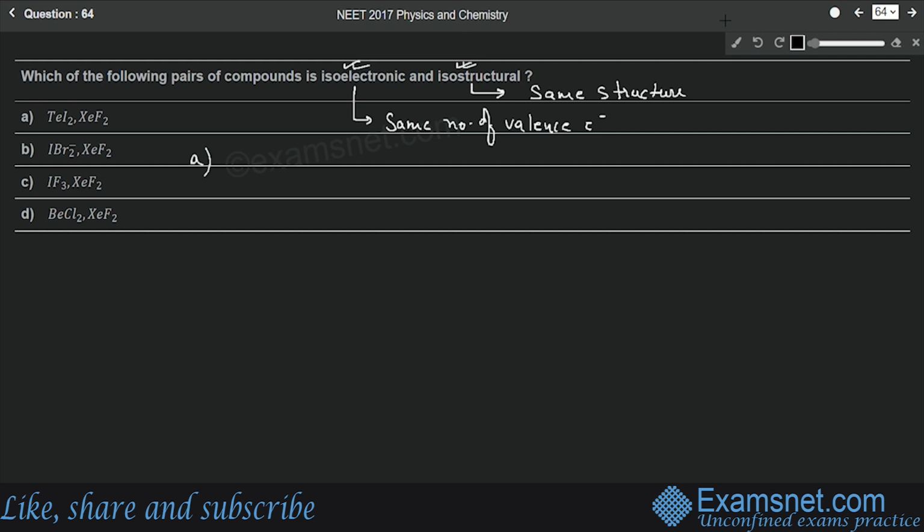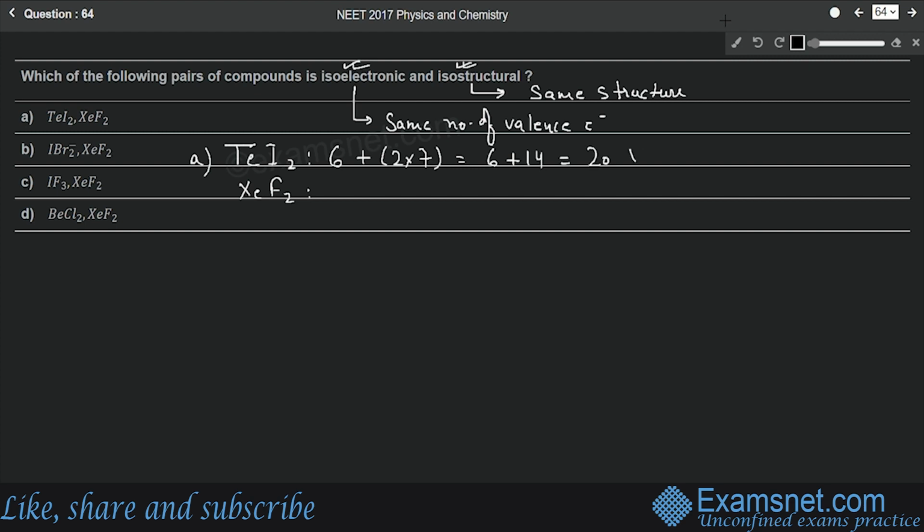In the first pair, we have two species, TeI2, that is tellurium iodide, and XeF2, xenon fluoride. Okay, so what is the number of valence electrons in tellurium? It is 6, and the number of valence electrons in each iodine is 7. So for two iodines, we'll have 2 into 7, that is 6 plus 14. So the total number of valence electrons in this species will be 20.